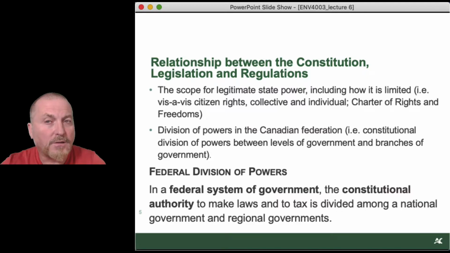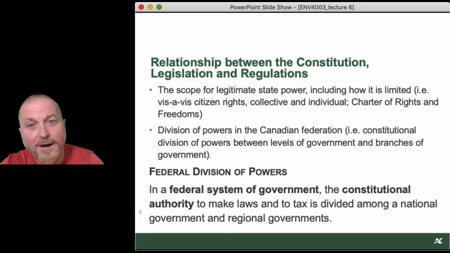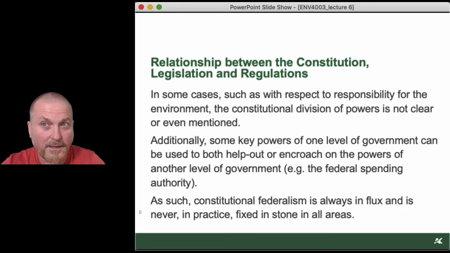And then division of powers in the Canadian Federation, which is a key issue for environmental policymakers in Canada, obviously, right? So now, the federal division of powers in a federal system of government, the constitutional authority to make laws and to tax is divided among these different levels of government, right? We know that, right? In some cases, such as with respect to responsibility for the environment, however, the constitutional division of powers is not clear.